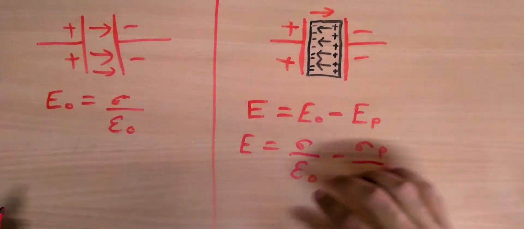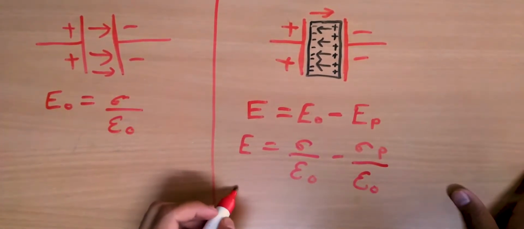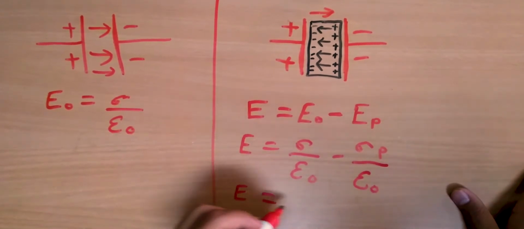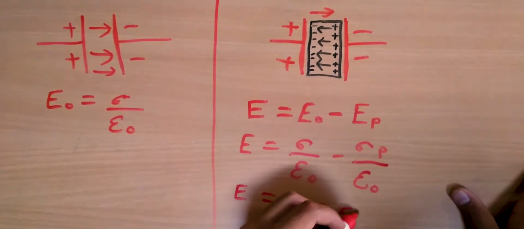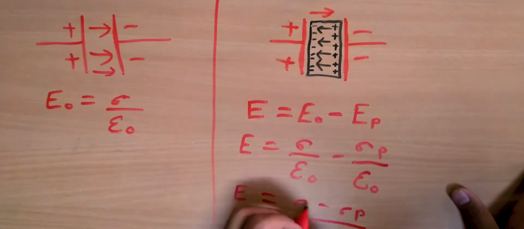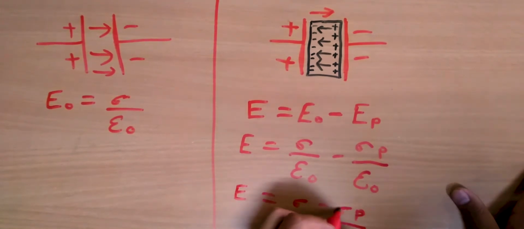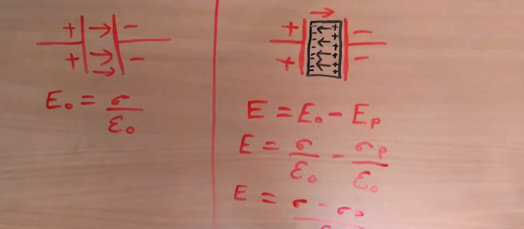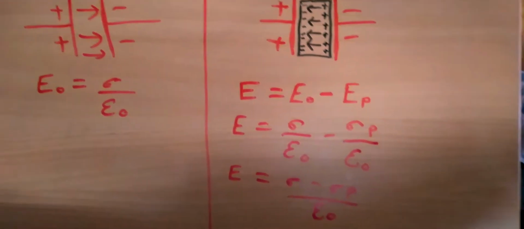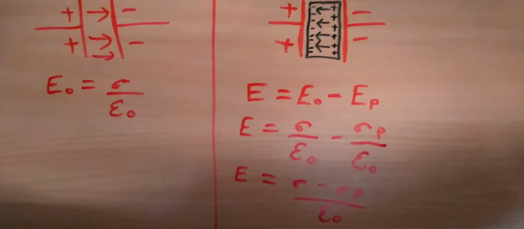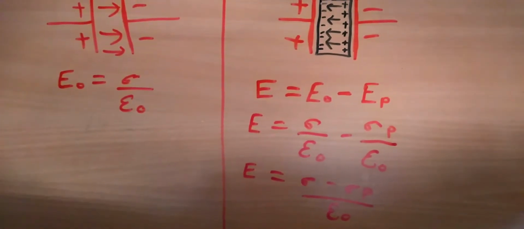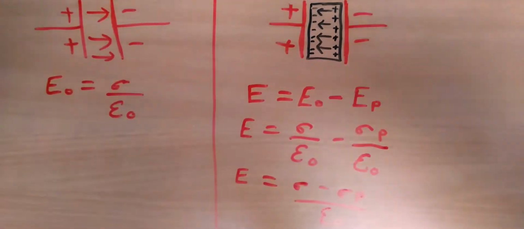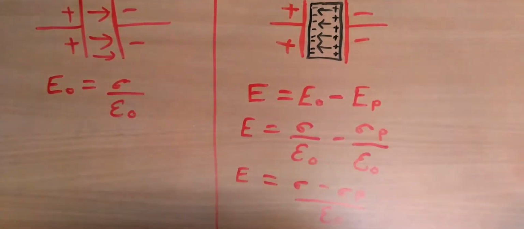And what you're left with is that the net electric field equals sigma minus sigma P upon epsilon naught. I hope that's clear. There you go, so we have these two things.